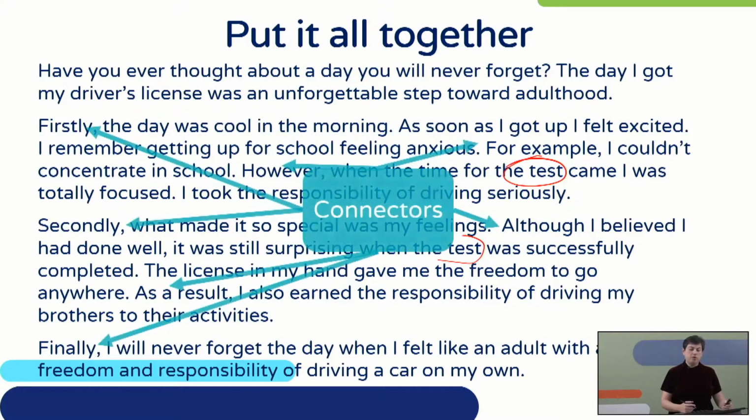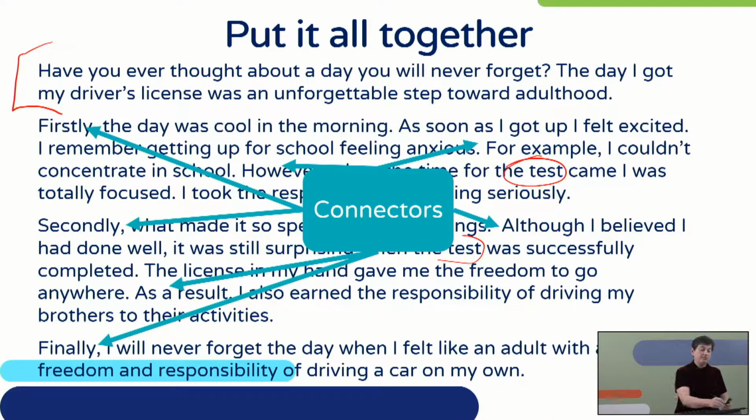What else do I want to put? I want connectors. Let's look at all the connectors I've used. Notice that in my first paragraph, I don't really have any. I start with firstly. I've got secondly and finally. For example, however, although.